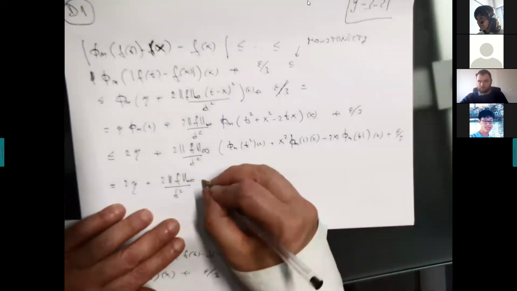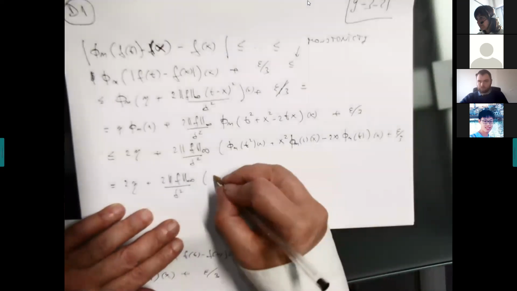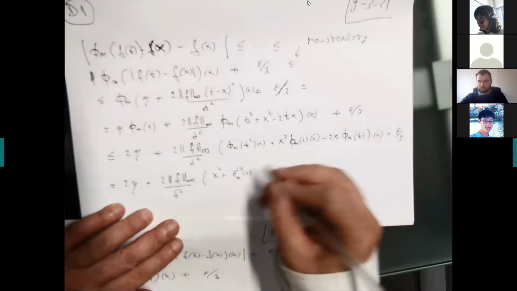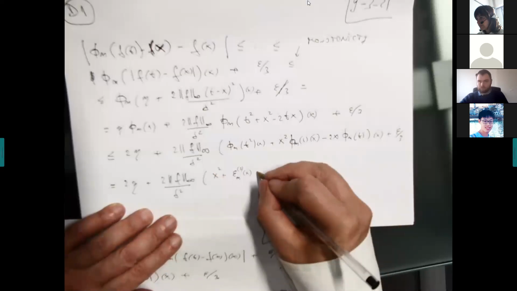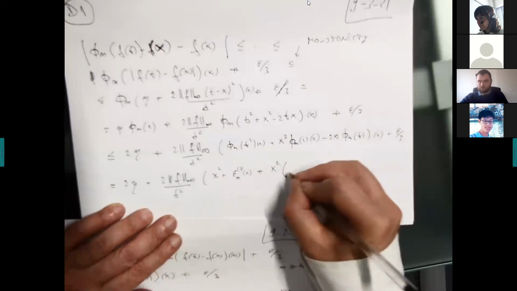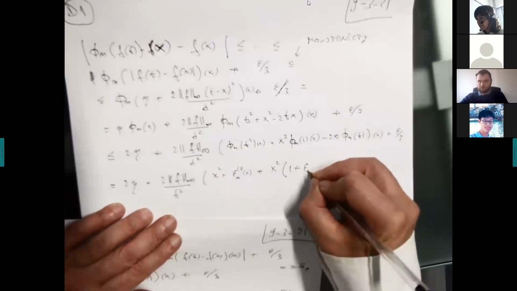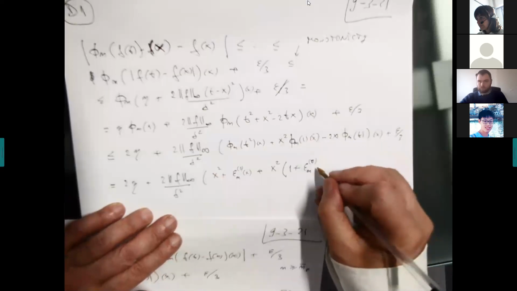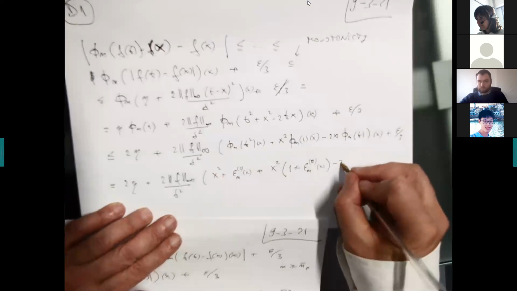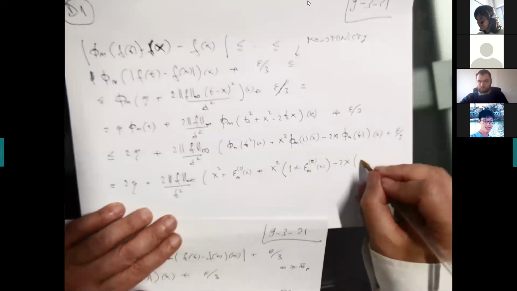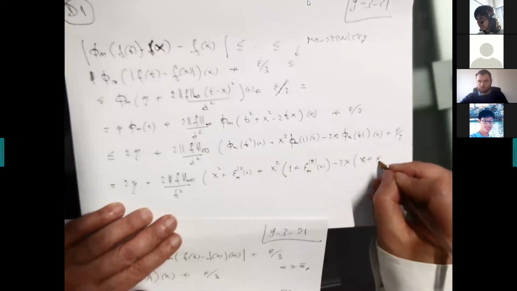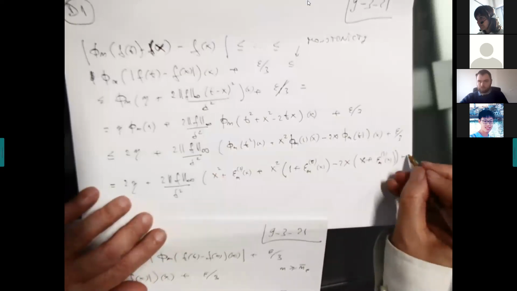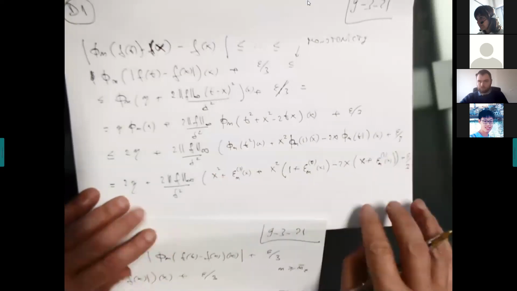So this is phi n of t square, x square plus epsilon n2 of x, plus x square multiplying 1 plus epsilon n0, because this is t to the power 0 of x, minus 2x times this, which is x plus epsilon n1 of x, plus epsilon divided by 3.